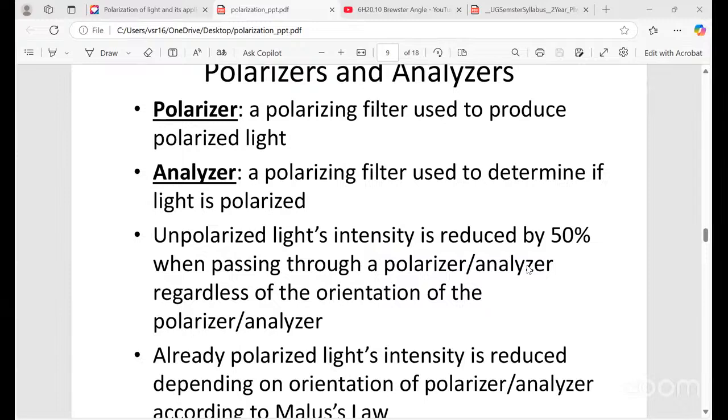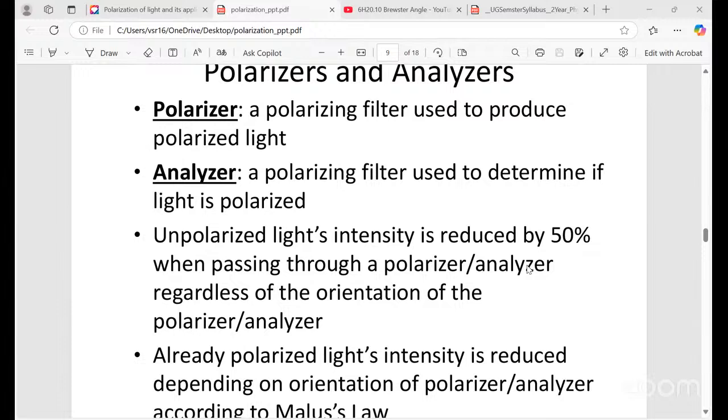Next are the polarizer and analyzer. Polarizer means a polarizing filter which is used to produce polarized light. Whereas an analyzer analyzes, meaning detecting. It is a polarizing filter used to determine if light is polarized.